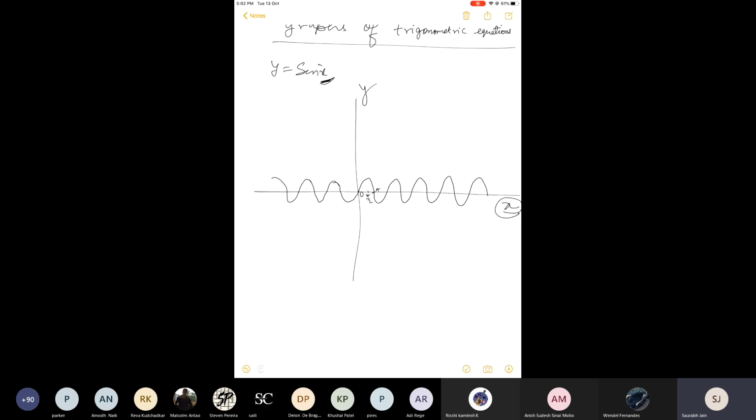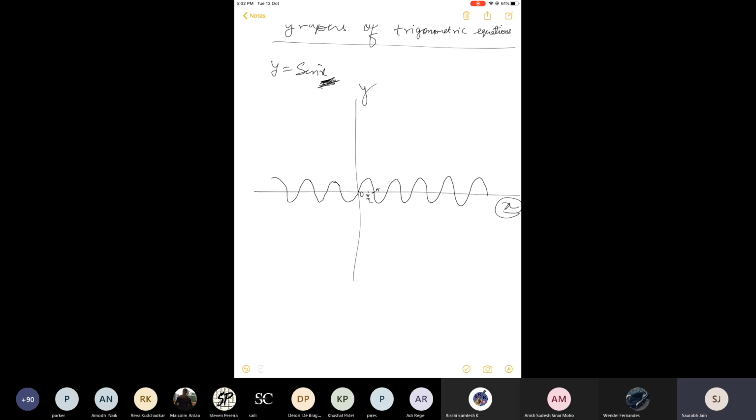We take 0, 1, 2, 3, 4, etc. Now I want those numbers to be the angle of sine, because I'm saying y is sine x. I have to draw the graph of y is equal to sin x. So I will put values of x, I will get values of y, I will locate those points and then join them with freehand sketching.